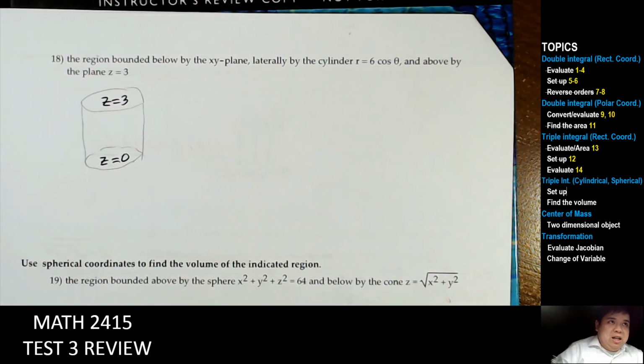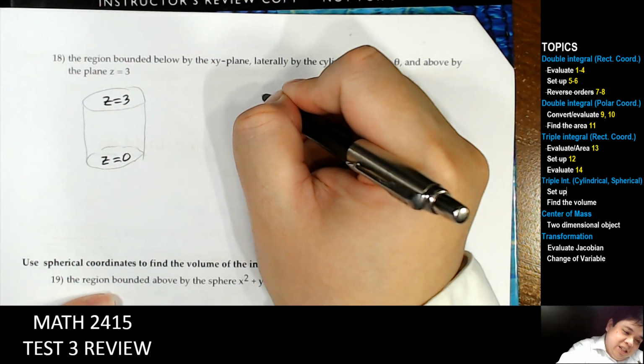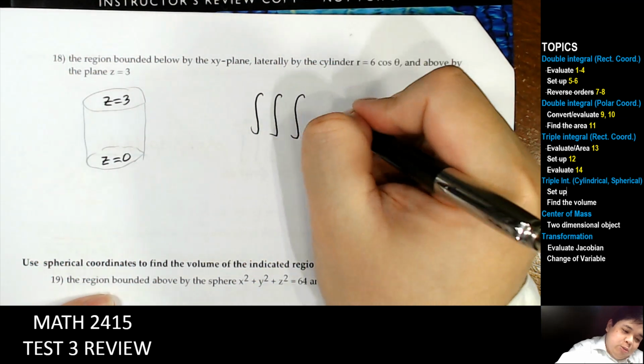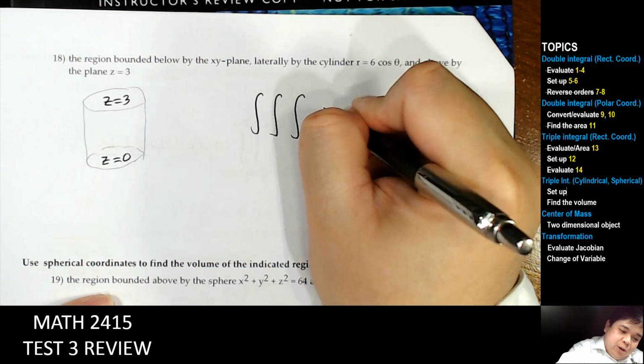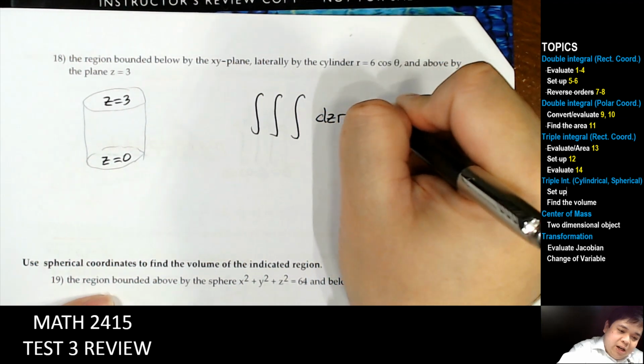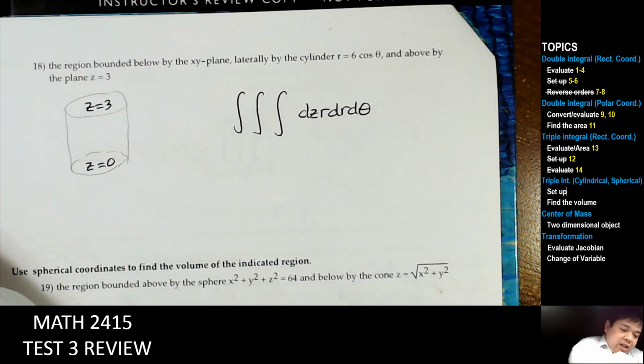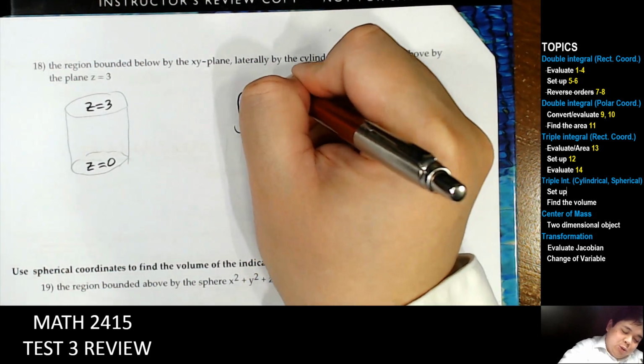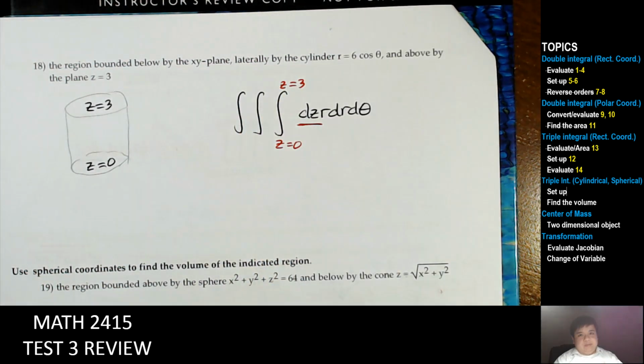So that should be easy on the z. Cylindrical would be dz dr d theta. And the limit for z is from 0 to 3. That part is easy to set up. Now we only need to go from r and theta.